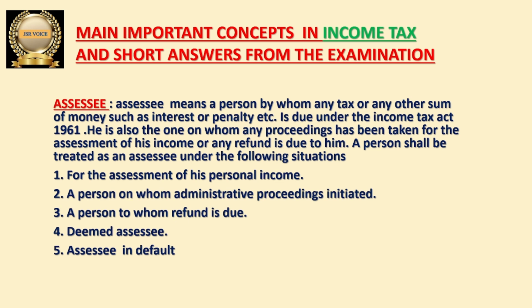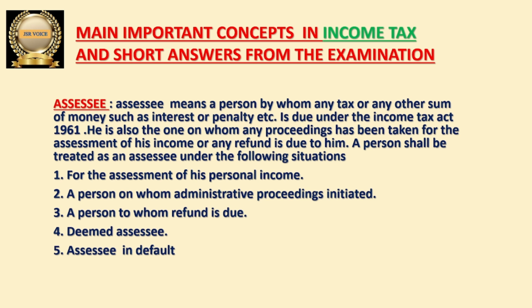Next, deemed assessee is also called assessee. Deemed assessee we will discuss later; for now you can just remember deemed assessee. Actually deemed assessee means, suppose a minor is there. Minor means the one who has not attained the age of 18 years and is not eligible to enter into any contracts.